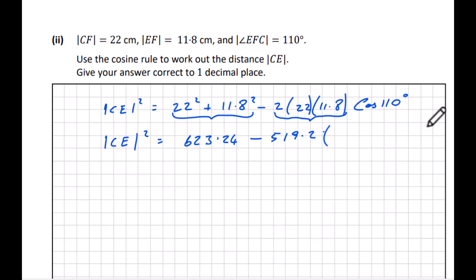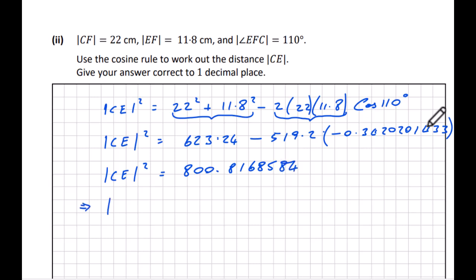The cosine of 110 gives you minus 0.34201433. If we do all of this, you get CE squared is equal to 800.8168584.